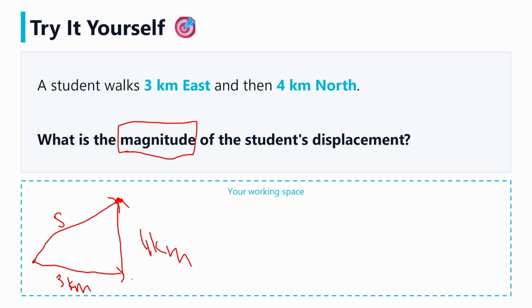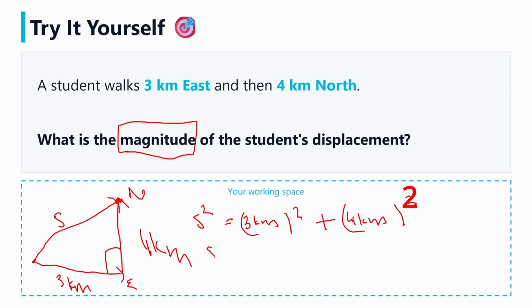So first we know this is east, this is north, and obviously east and north are perpendicular to each other, and now we can see it's a right angle triangle. So by the Pythagorean theorem, we can say s squared equals 3 kilometers, count for units obviously, 3 kilometers squared plus 4 kilometers squared, and then we can take the root of both sides.